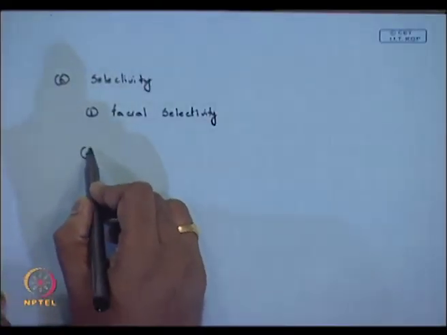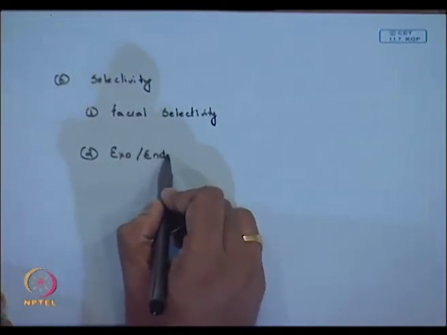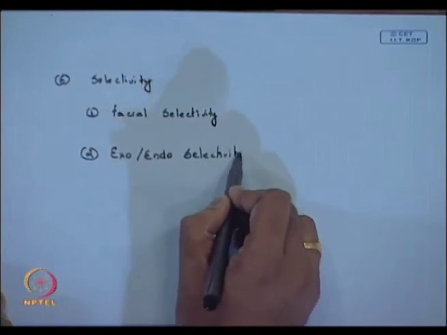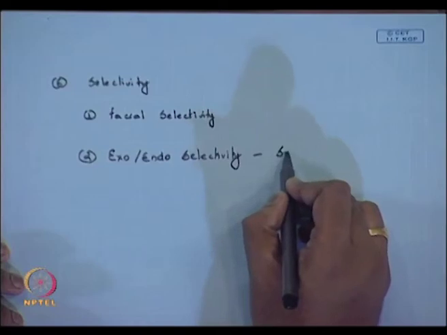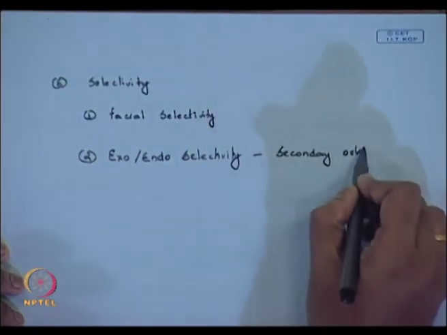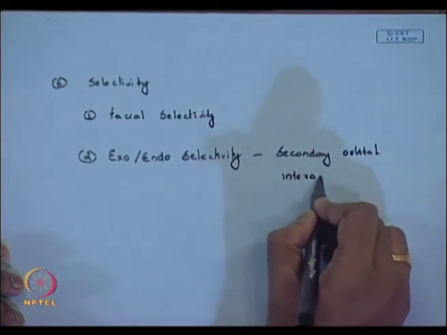After that we worked on our exo endo selectivity. In exo endo selectivity we said that endo will be favored because of its secondary orbital interaction.